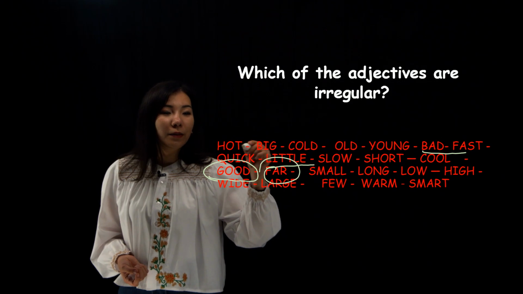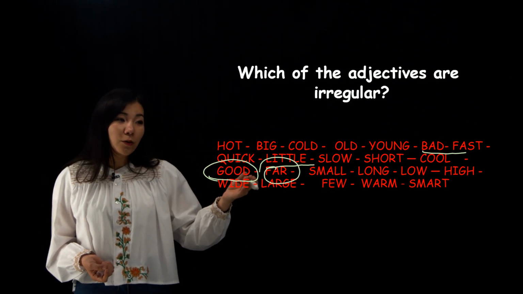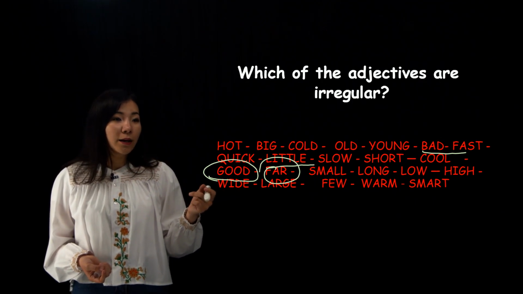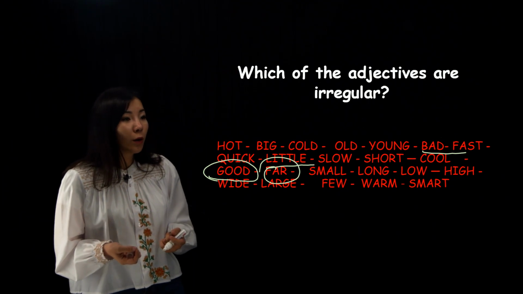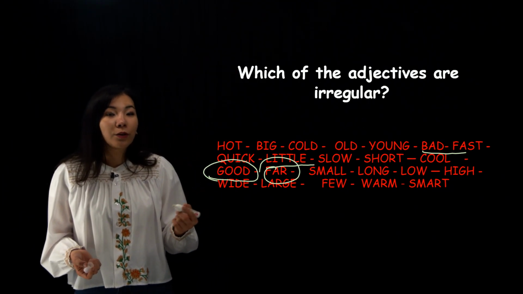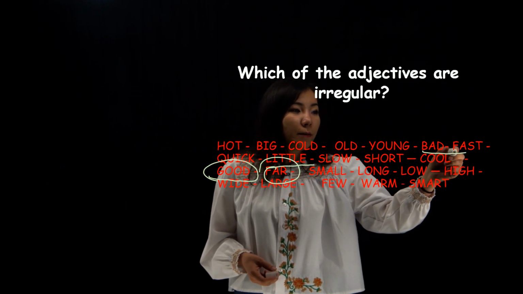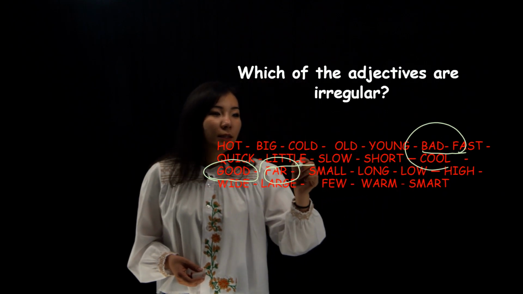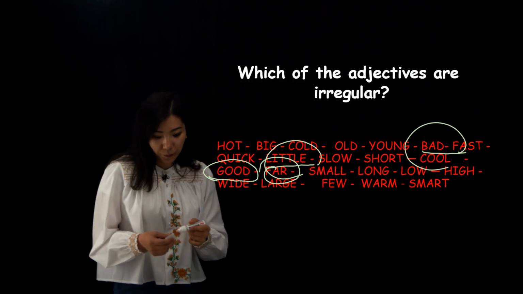Far would be further, furthest. Small, smaller, long, longer, low, lower, high, higher, wide, wider, large, larger, few, fewer, warm, warmer, smart, smarter. So yeah, we have 4 irregular adjectives here. So these are bad, little, far, and good.